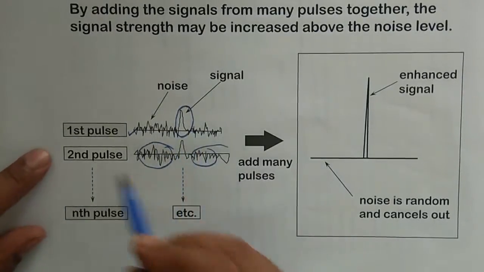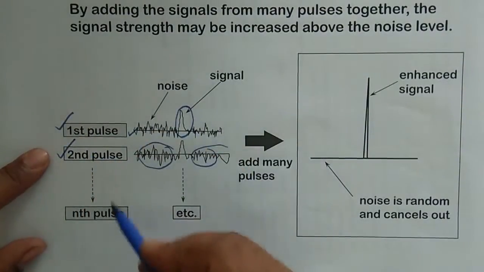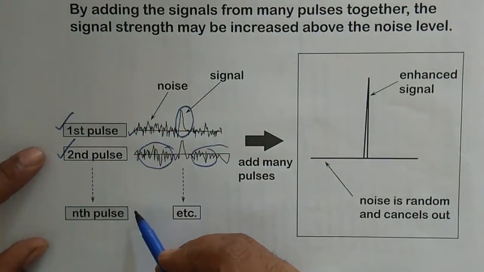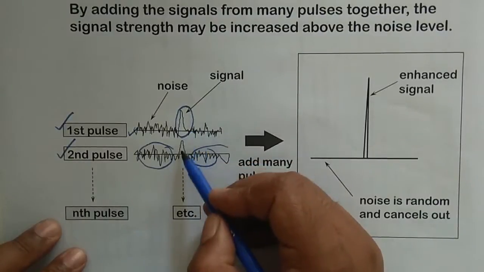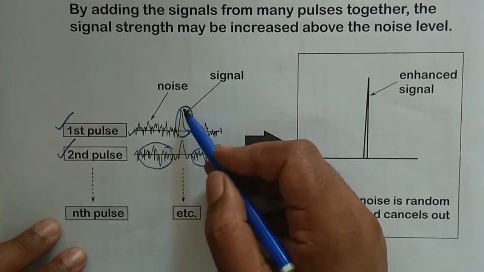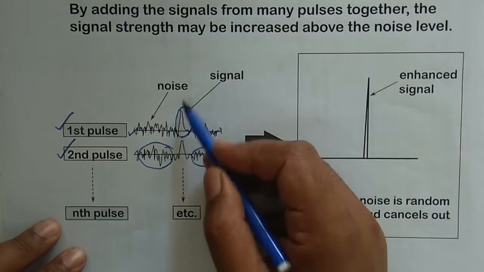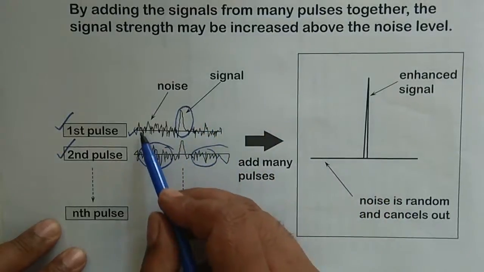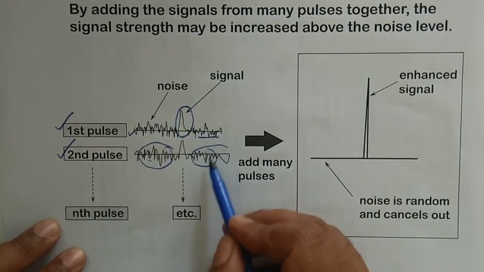When you add these pulses, this is pulse 1, this is pulse 2, and you can add a number of pulses. So the signal strength would add together to enhance the intensity of the signal, but noise will not be added to the same extent.